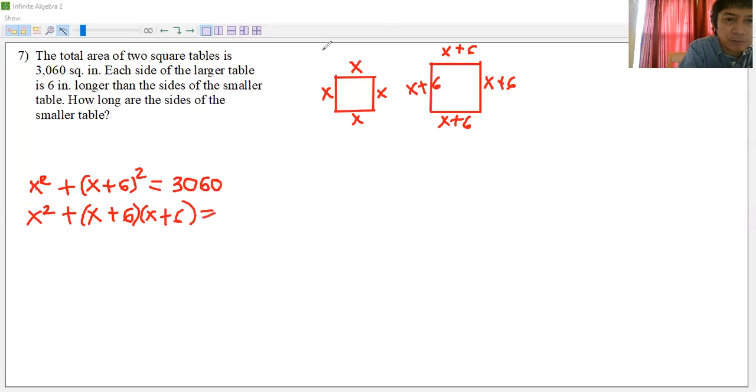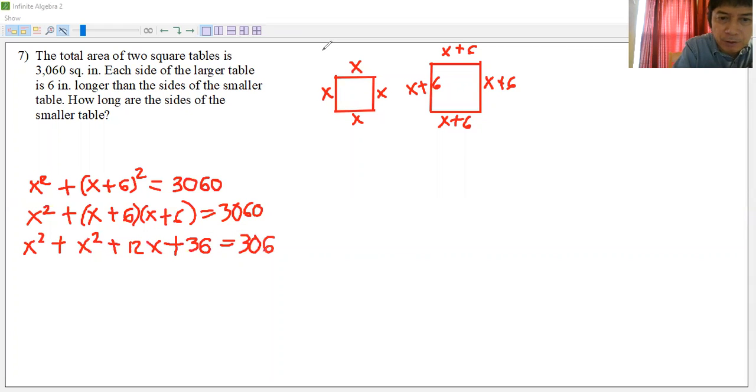And this is equal to 3060. All right, so this will now be x squared, this will be x squared, and this will now be plus 12x. Okay, 6x and the 6x, that will be 12x. That goes to the middle term, and we still have the 6 times 6, which is 36 there. And this equates to 3060 there.